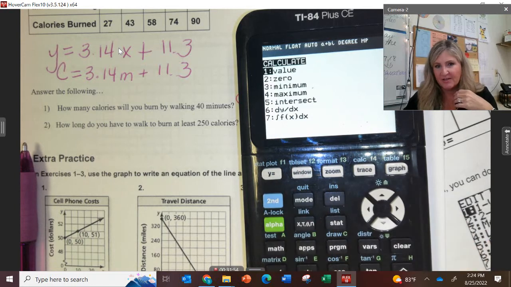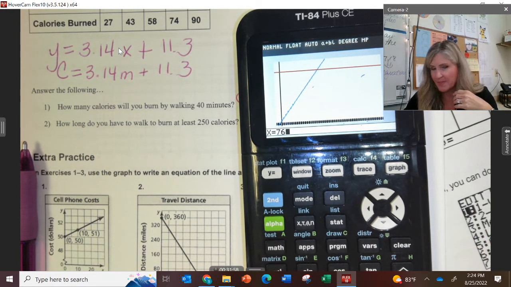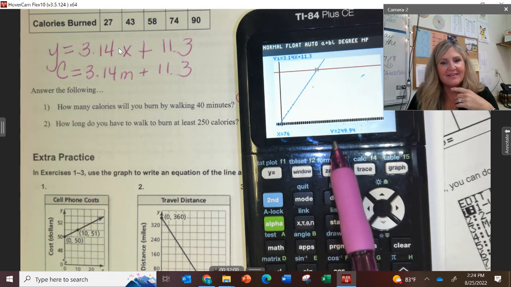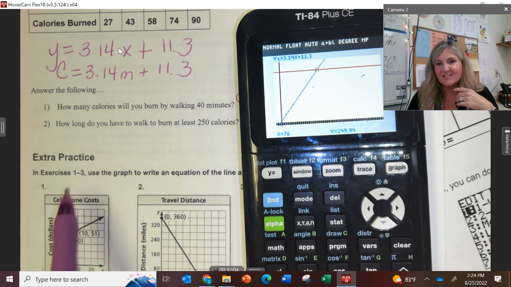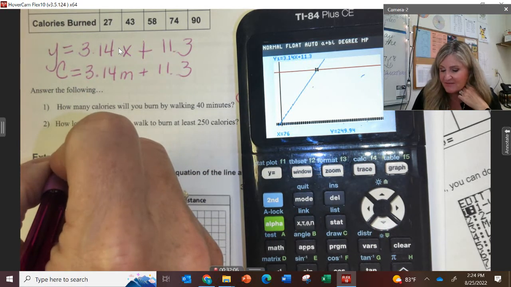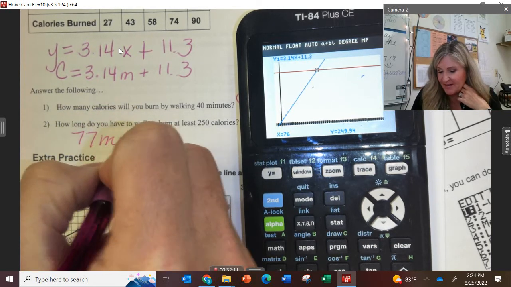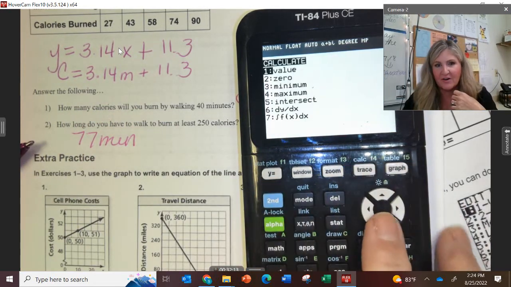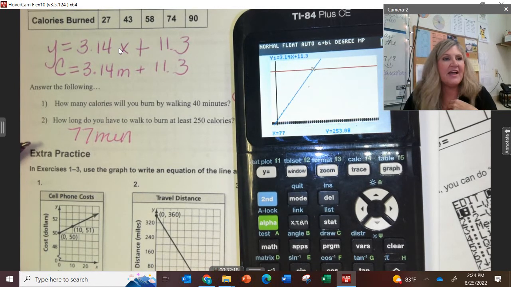Second trace, calculate a value when x is 76. Did I burn at least 250 calories? No. So what do I have to make it then? I got to go 77 minutes, and then I'm going to be just slightly over 250. Okay?